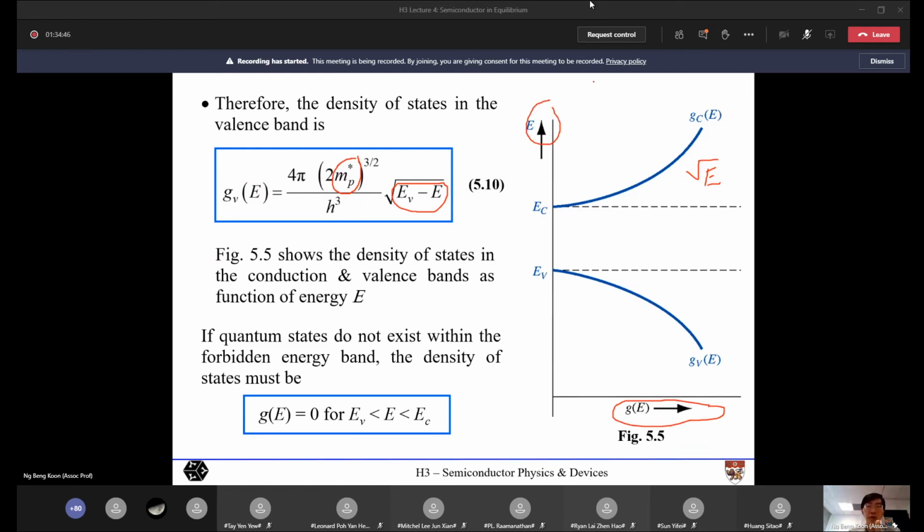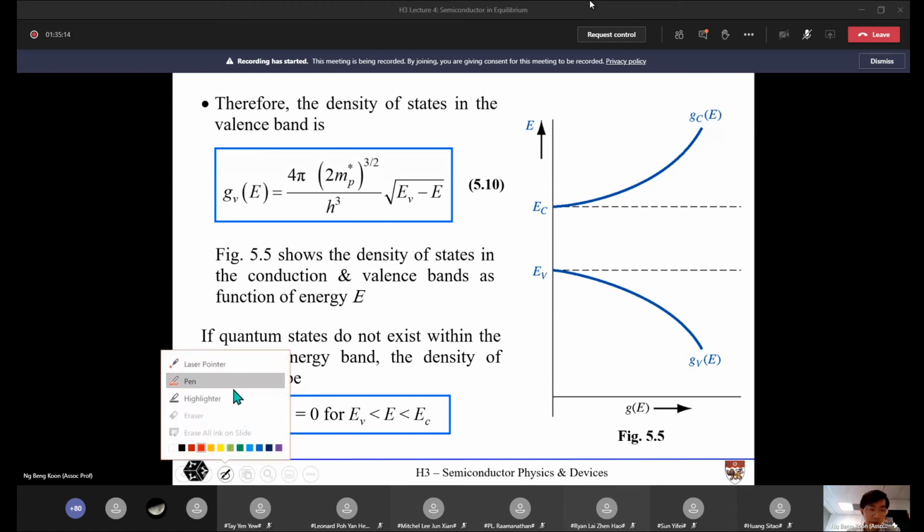In the conventional way we draw graphs, if G is the Y, it's on the vertical and the energy is on the horizontal. If you plot the root E, then it's supposed to go something like this. So in this case, we flip it around. That's why it's curving a little bit differently than what you expect, because the axis is actually flipped.